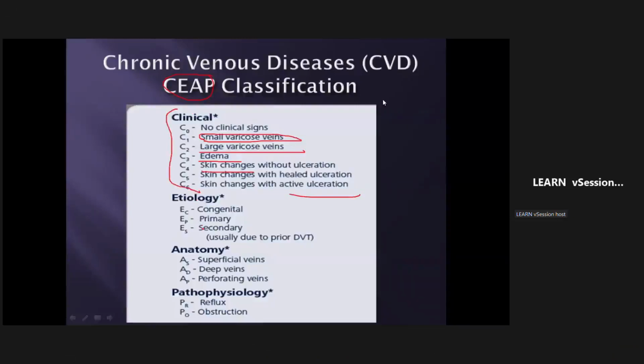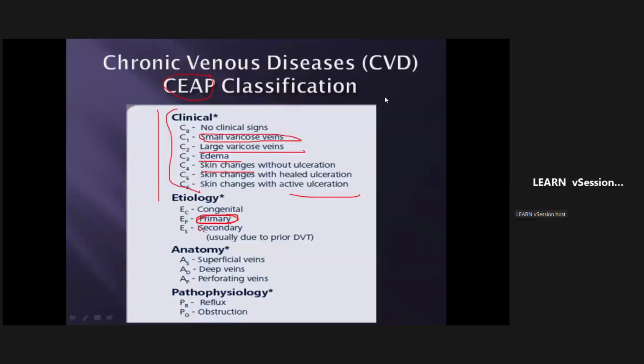And etiologically, these are things you have to find out in your short case. Okay, so you see a patient with features of chronic venous disorders, then you try to find out the etiology. Generally primary. So varicose vein, for example, is common, and you don't generally find a secondary cause.